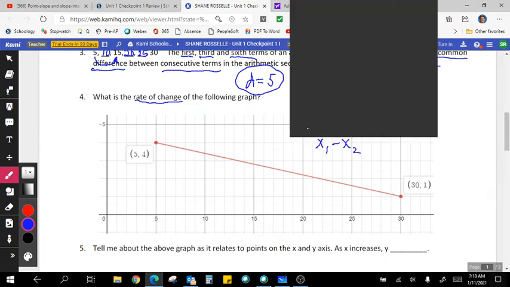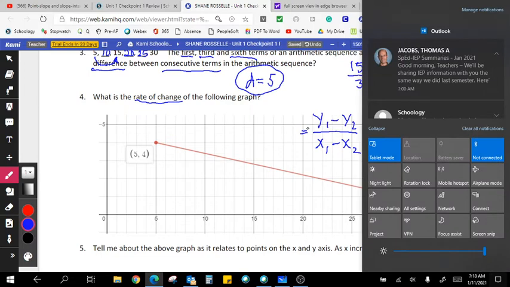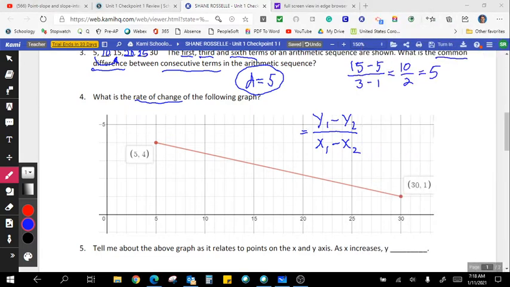Very important little detail here is that if I start with y1 on the top, I have to start with x1 on the bottom. I can't go y1 up on the top and then say x2 down here on the bottom. All right? So that's an important part of this.